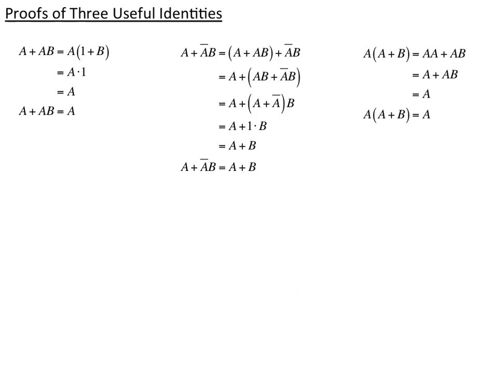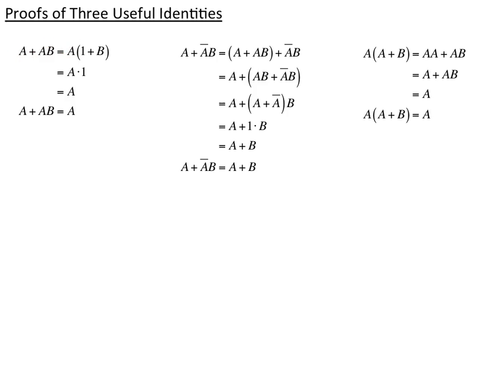Here are three useful identities, and I'll prove each of them algebraically. The first identity says that A or A and B is the same as A. So I'll show that. Here I have A times 1 or A times B, and I can factor the A out.